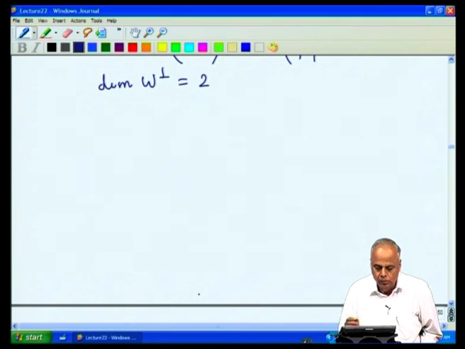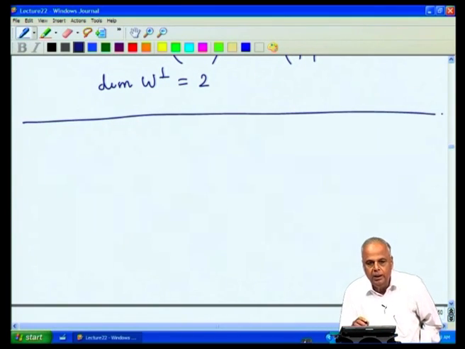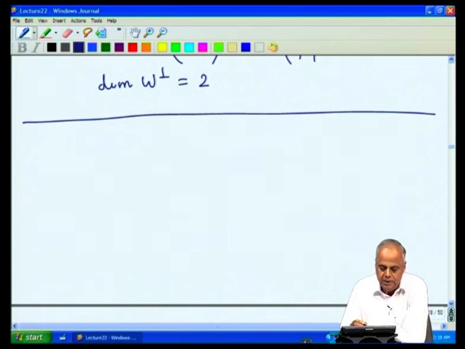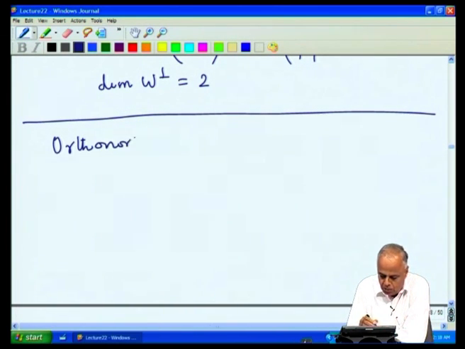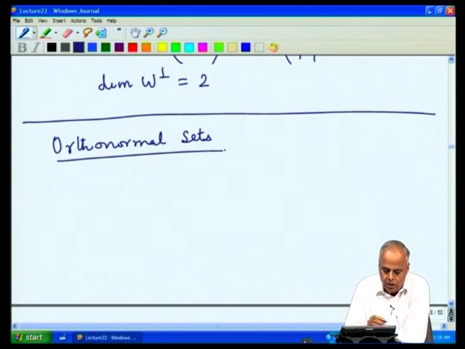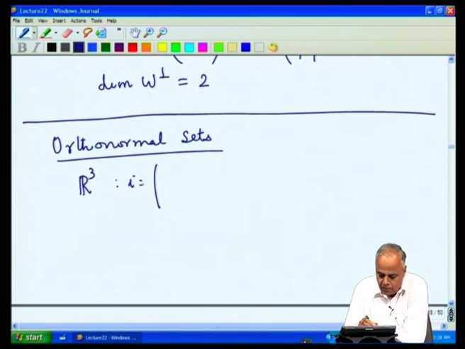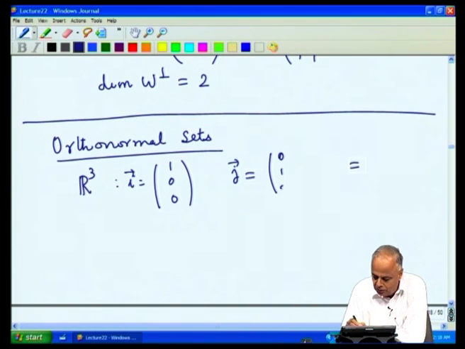Now, we would like to generalize the notion of i j k vectors, which leads us to the notion of orthonormal sets. So, if you now look at the R 3 space, then take the vectors i, whose components are 1 0 0, and the vector j, which we denote by 0 1 0, and the vector k, which we denote by 0 0 1.